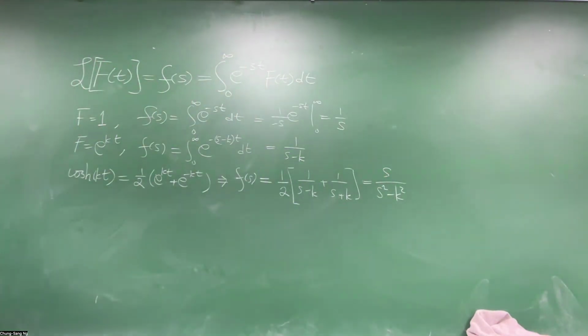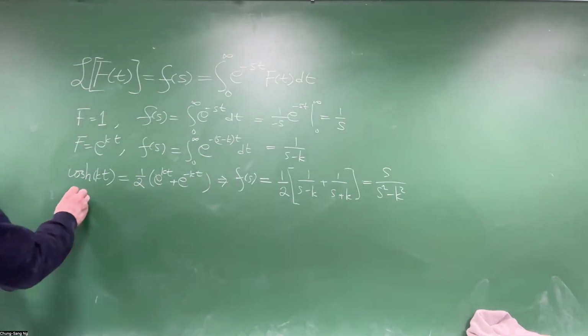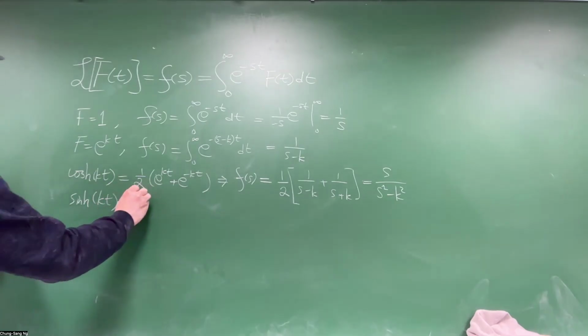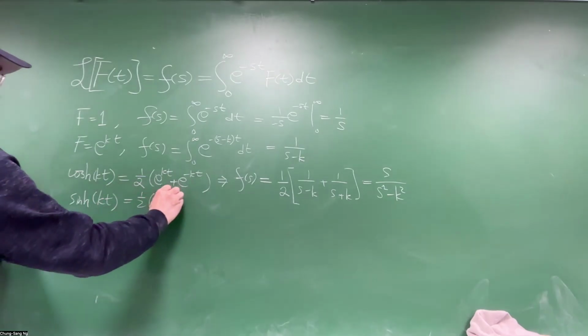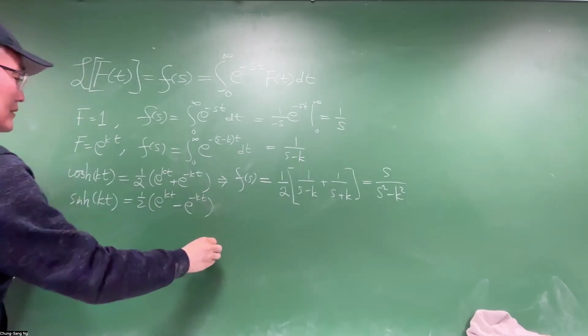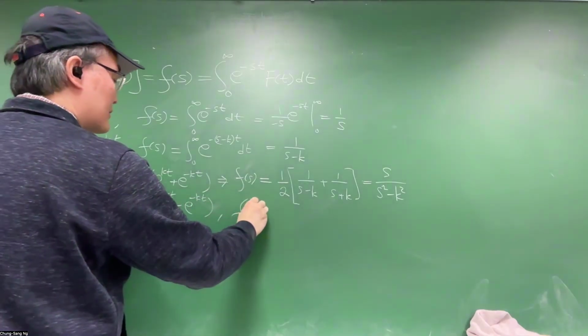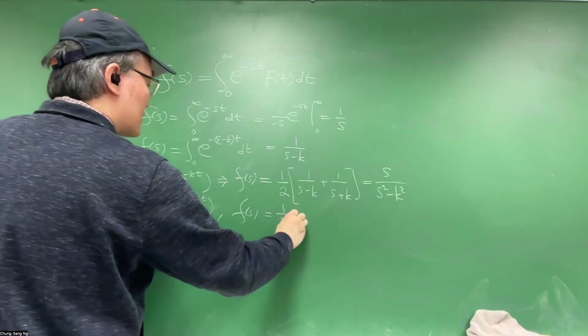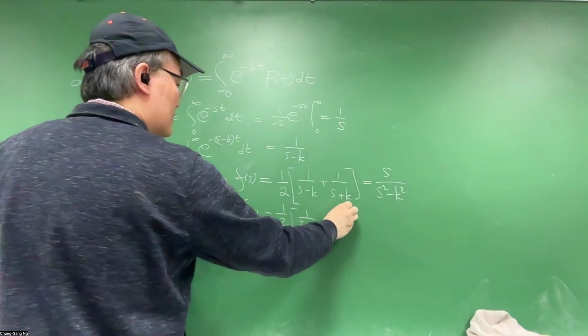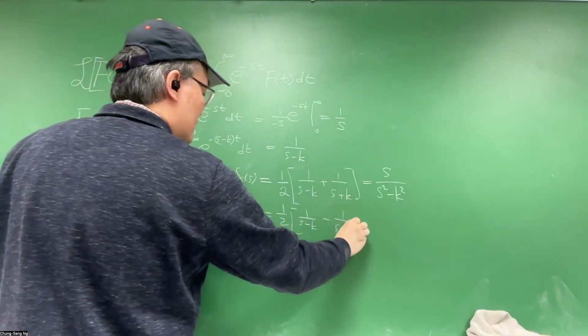Okay, so that is cos, and sin is similar. It's this thing, the second term with the negative sign. So the first term is the same. The second term changes to a negative sign.